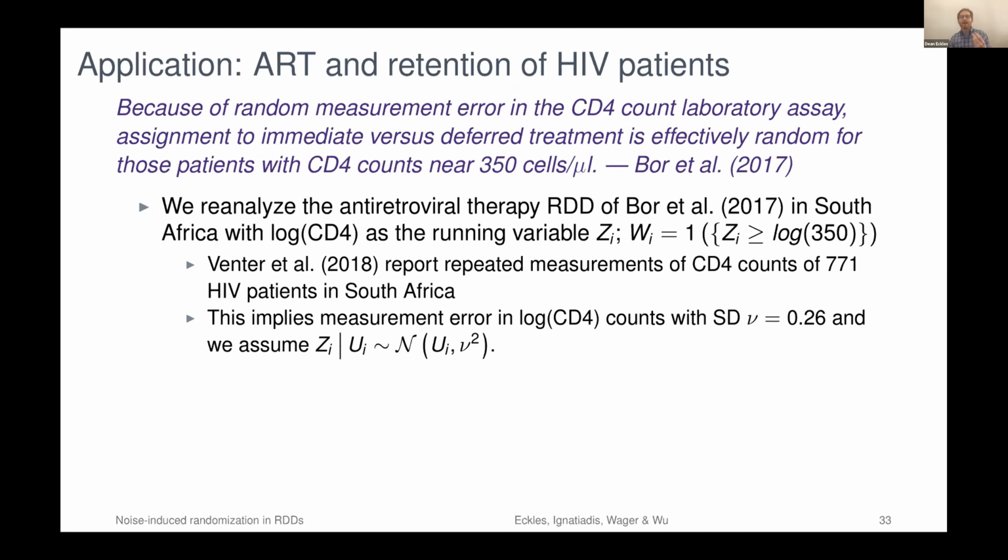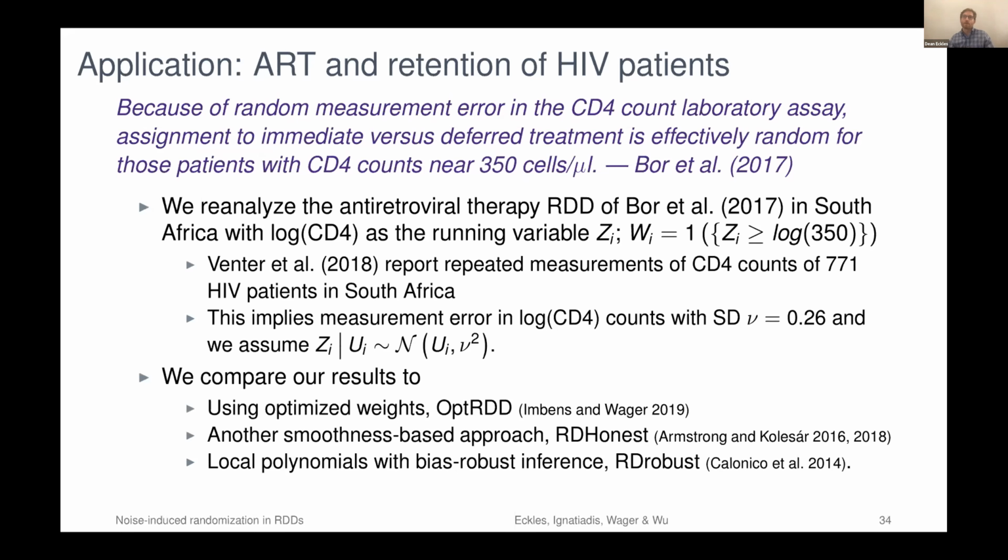From that data, we were able to estimate the scale of the measurement error. We posit that the measurement error in log CD4 counts is Gaussian with standard deviation 0.26, and we're going to use that as our basis for analyzing this.